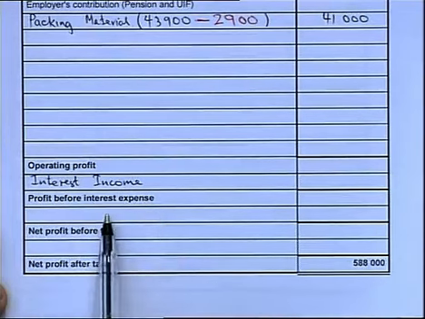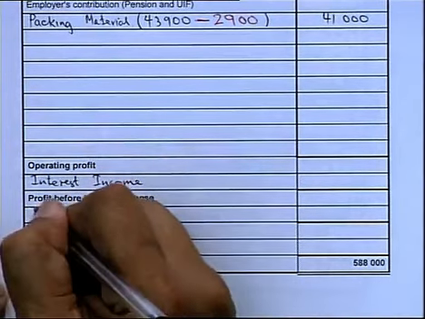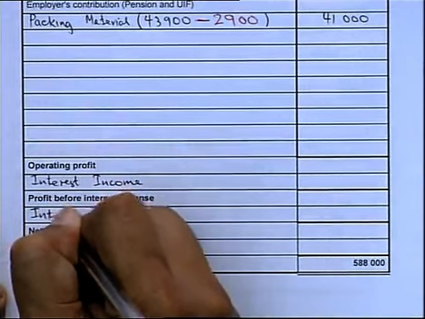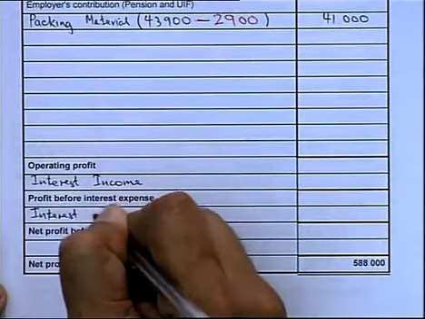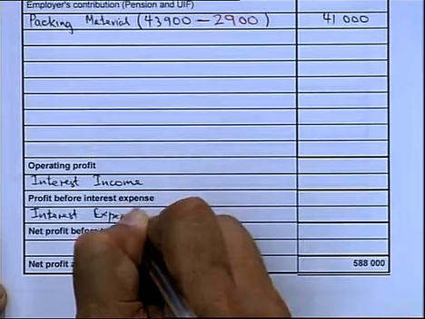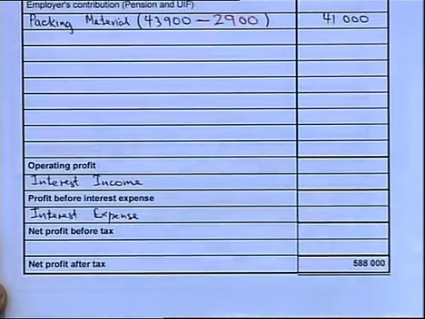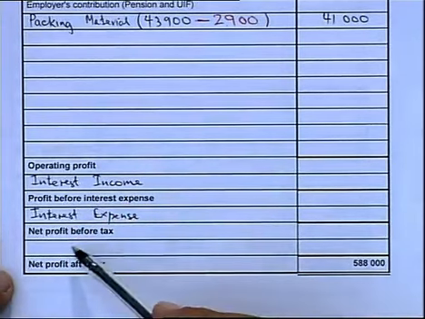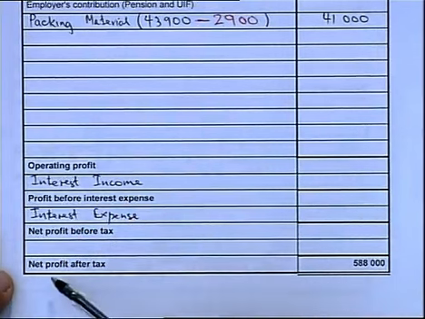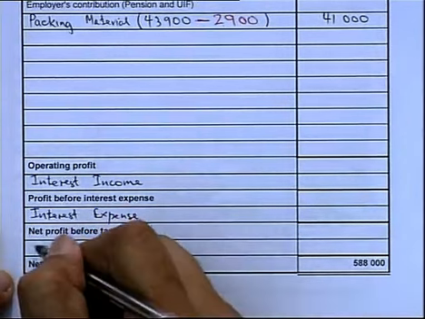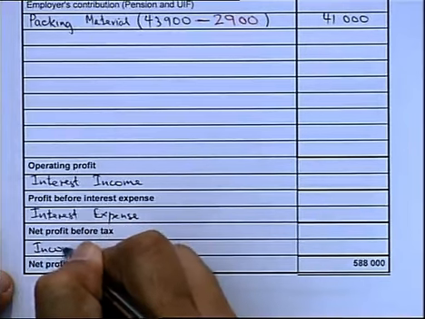Then we have a blank. That's the line that you have to fill in. That will be interest expense. And it says net profit before tax, blank, net profit after tax. So the blank will be the income tax.